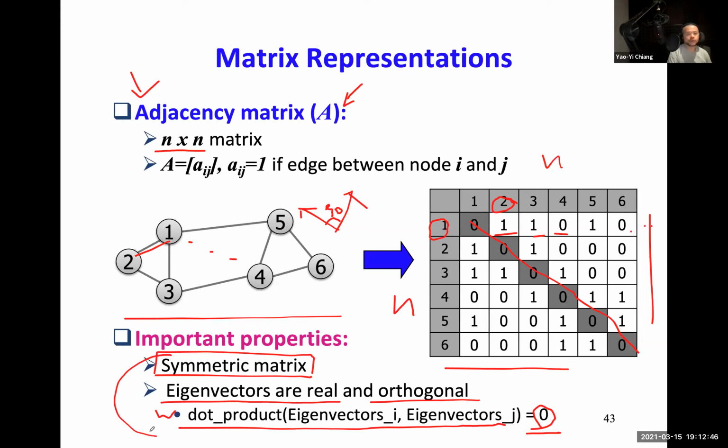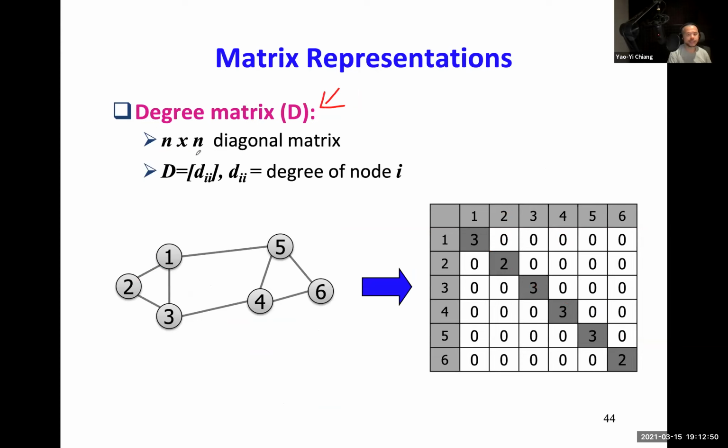The second matrix that we are going to use is called the degree matrix. Again, the degree matrix is n by n, 6 by 6. And we only use the diagonal part of the degree matrix, which stores the degree of every node.